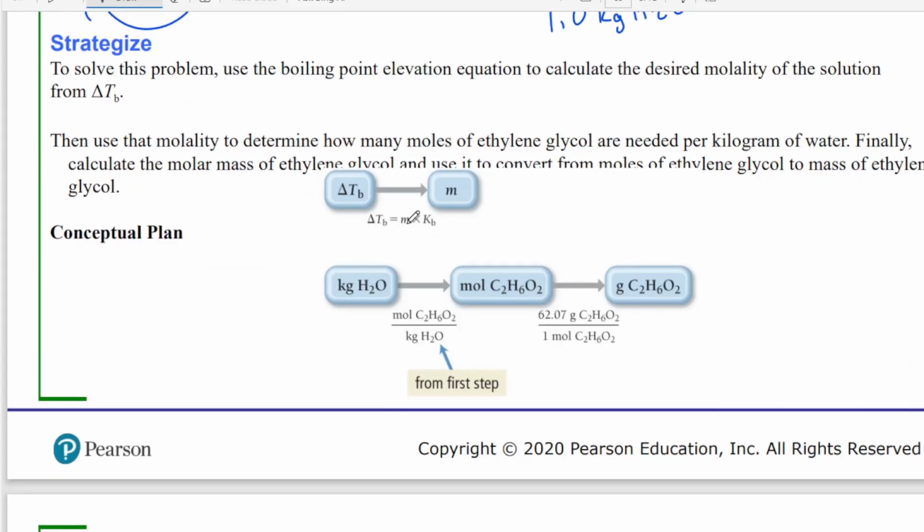The delta T is equal to the molal concentration times the K sub B. So from the change in boiling point, which we were given, we can calculate the molality, because we know the K sub B for water. Now, once we get the molality, we can calculate the moles. So we're going to convert kilograms of water to moles of ethylene glycol to grams of ethylene glycol.